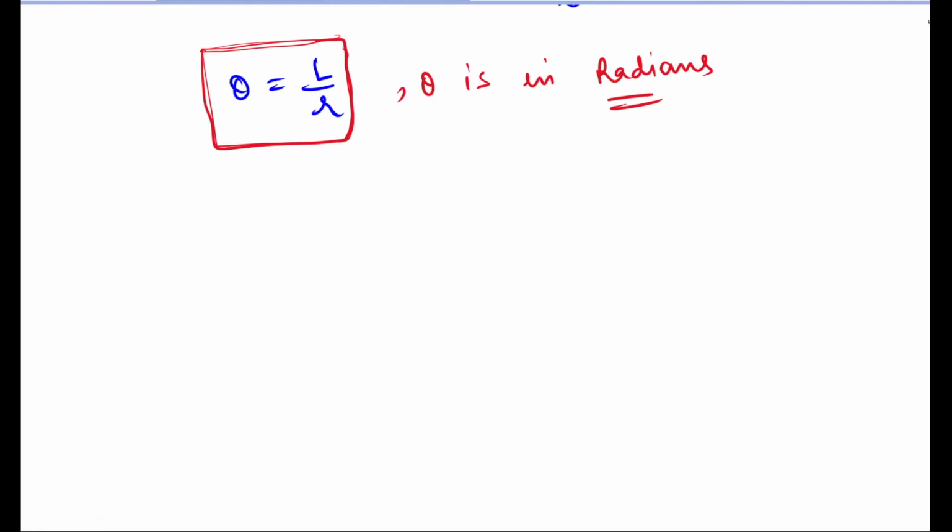So the next topic is: what is the angle of one complete revolution?